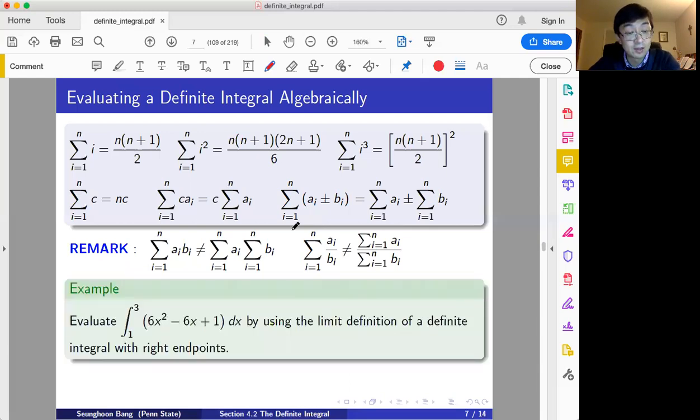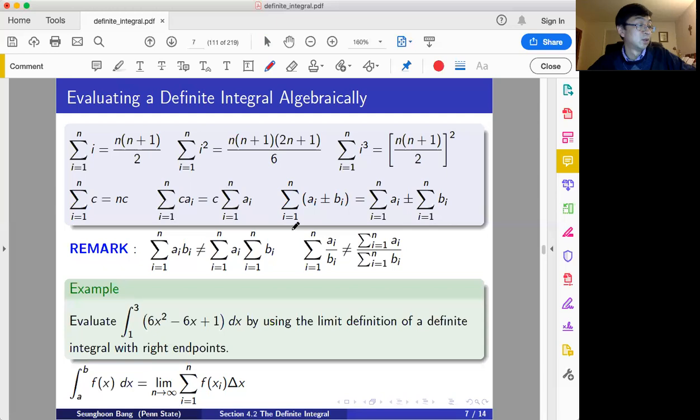So, evaluate the integral from 1 to 3 of 6x squared minus 6x plus 1 dx by using the limit definition of a definite integral with right endpoints. The integral from a to b of f of x dx is the limit as n approaches infinity of the summation from i equals 1 to n of f of x i times delta x.